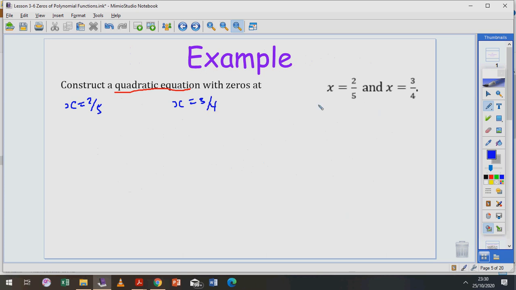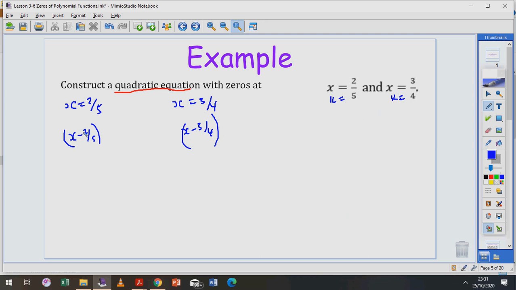So if these k values are zeros, then x minus k are factors: x minus 2/5 is a factor and x minus 3/4 is a factor.